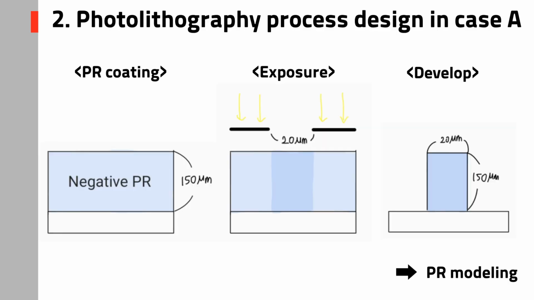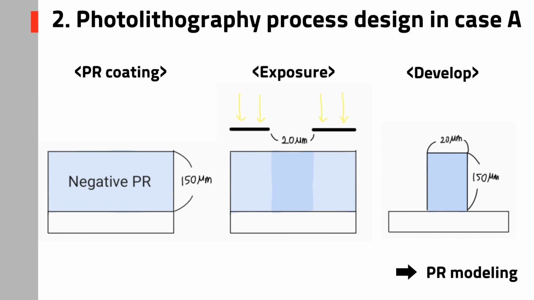In summary, negative photoresist is utilized in a slow spin coating process, resulting in a height of 150 micrometers. Following this, a photomask with a line width of 20 micrometers is used for projection photolithography.